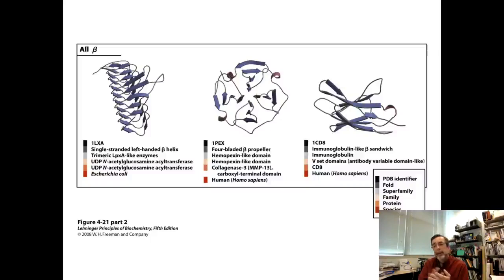Here it is, and in fact the immunoglobulin sandwich, I mentioned that in class, is here on the right. It's an example of an all beta superfamily member. You can arrange the beta sheets in sort of a propeller. You can have them in a beta helix, but this is not like an alpha helix. This is a true beta sheet. It's like a 3-sided beta sheet put together, and that is a member of the all beta superfamily.